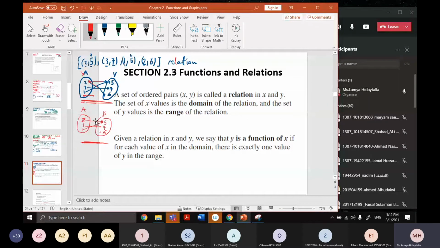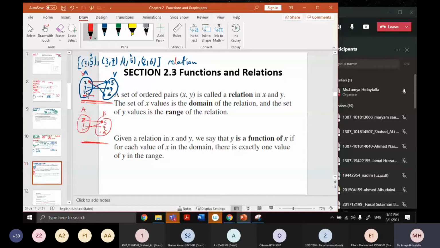Only 1 arrow should come out. So to make sure that it is a function, every element here in the domain should be mapped. The second thing we have to look at: every element here should be mapped to a unique element, not 2 arrows coming out. So yes, this is a function.